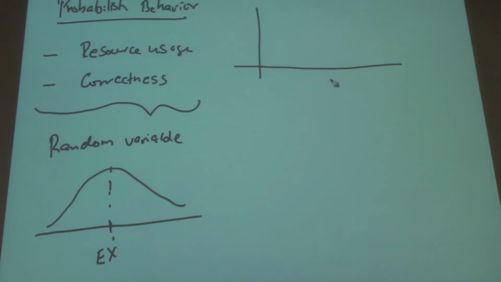So this is a measurement of time, let's say. You have an algorithm that's running a certain amount of time. And this is the distribution of the time taken by the algorithm. So you have two algorithms. One algorithm looks like this. Okay? And one algorithm looks like this.